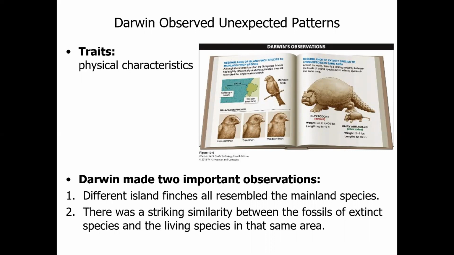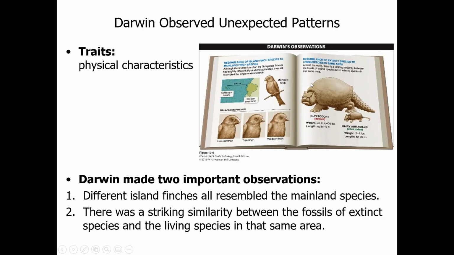The second big observation was that during his trip, he was able to see a lot of fossils of both extinct species, but also of species that were living in the same area. So he was able to make a connection with the fossil record that provided connections with different kinds of species. One of the big examples that your book gives is the glyptodonts.